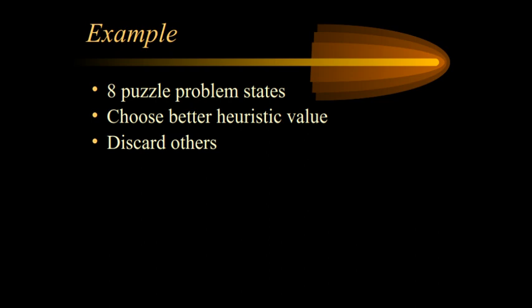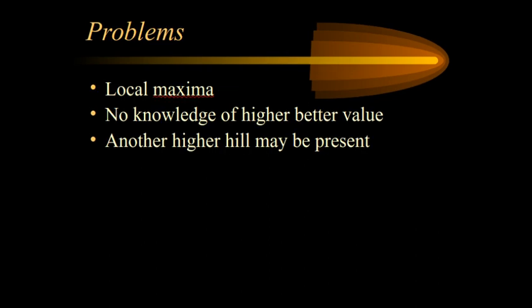Local maximum problem means you work on a local domain. During hill climbing, a person does not have knowledge of the neighboring hills. The neighboring hills may be higher, but it is not possible to reach the topmost level because you are only associated with the local hill.